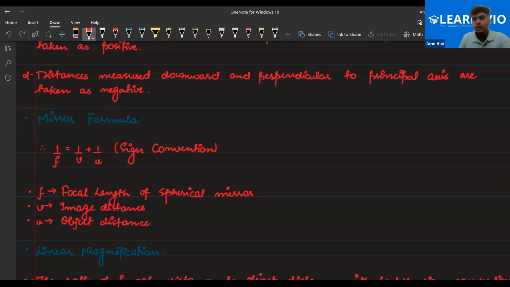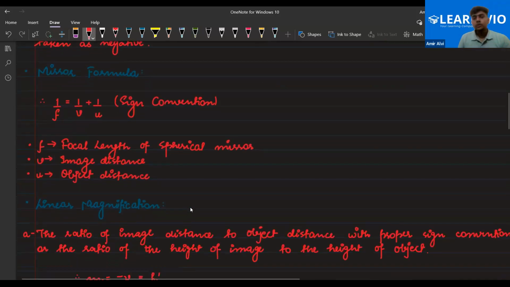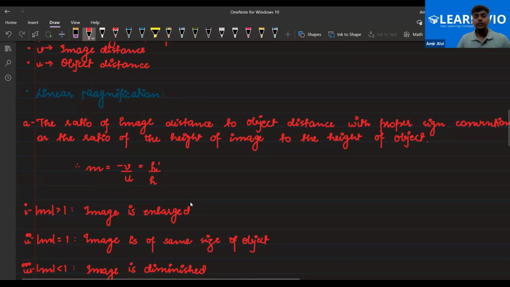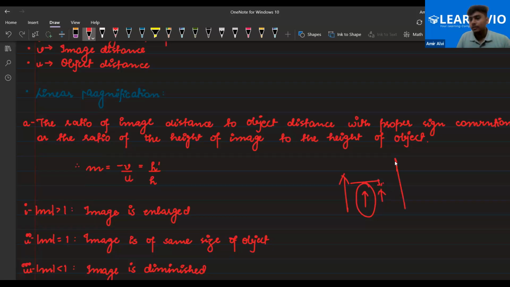No. Good. So the next thing is the linear magnification. What is linear magnification, Naveed? Suppose the object is this, the image is this. How do you know whether the image is small, big, or the same size? There's a specific number that tells whether the image is the same size, smaller, or bigger.